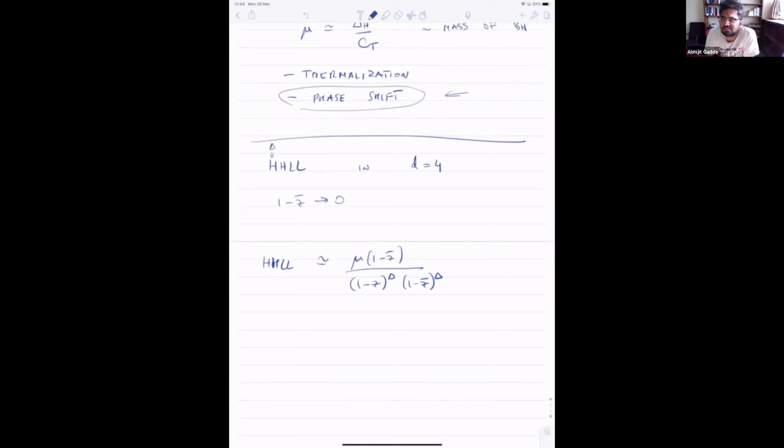Sorry, Andrei. Sorry, but is it a priori clear that the relevant limit that you should look at is the light cone limit, the 1 minus z bar going to 0, or how do you know what is the limit that you want to look at?